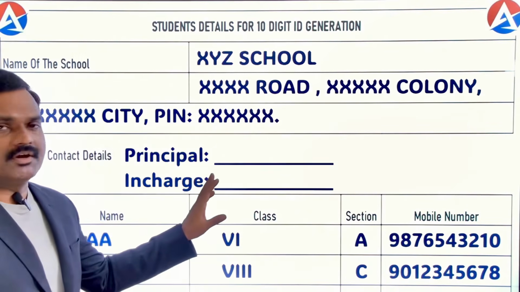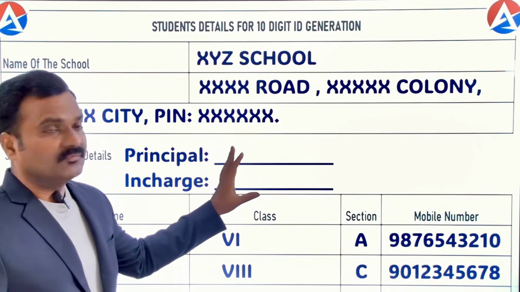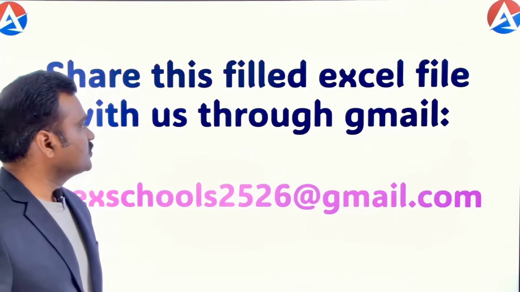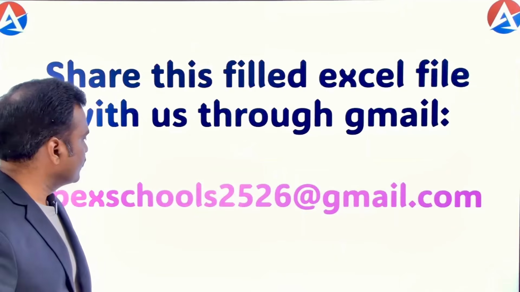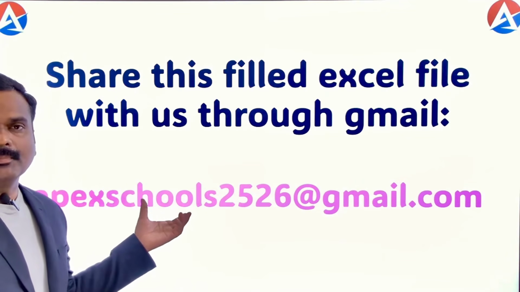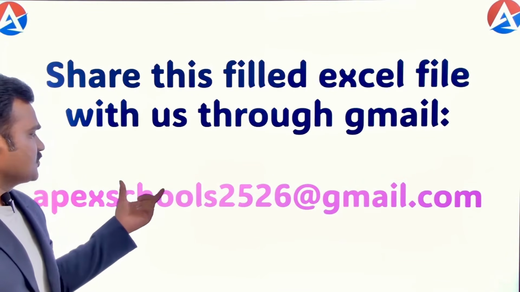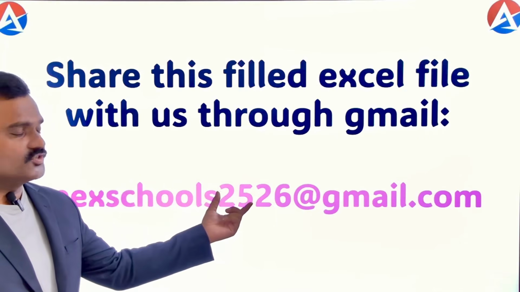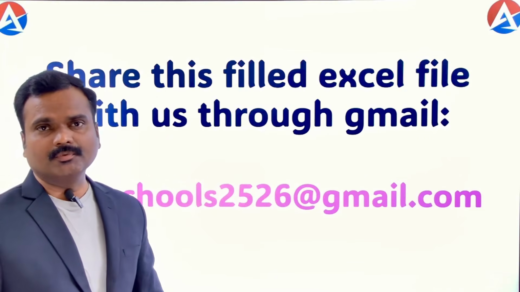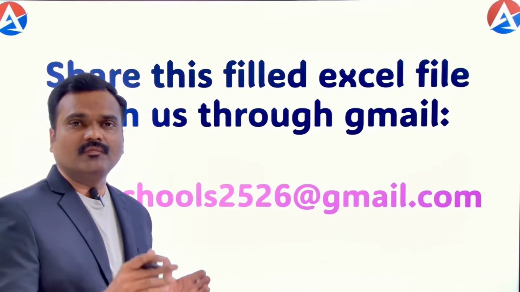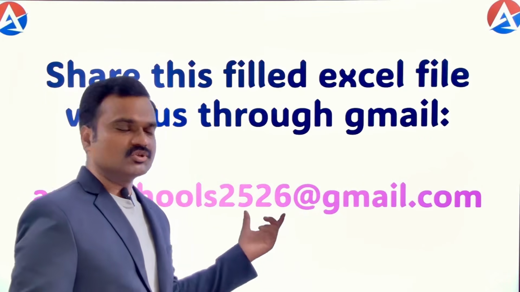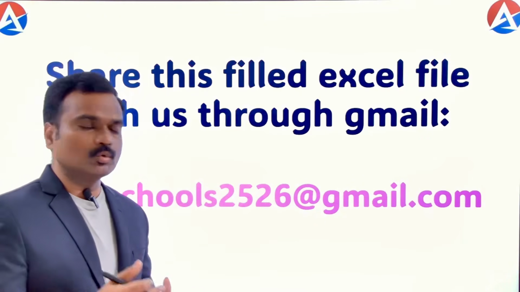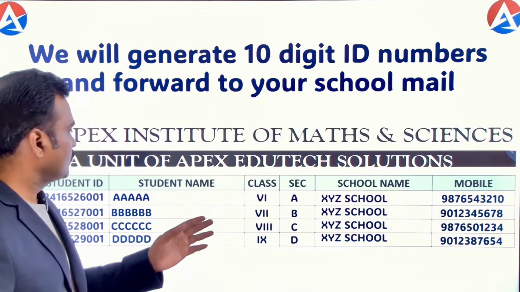After filling in all the data required as per the empty format given, you have to send us these students' data to our unique mail ID, apexschools2526@gmail.com. If you send us that filled Excel file to this mail ID, we are going to create one more extra column in it.